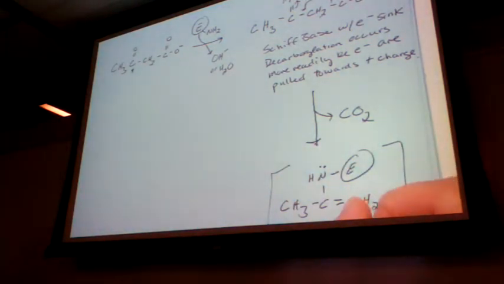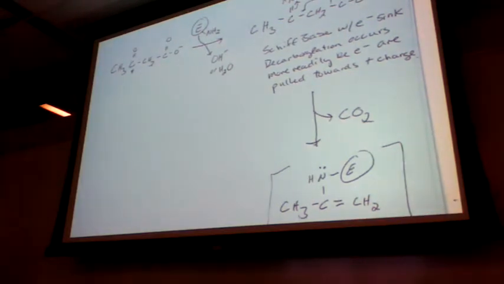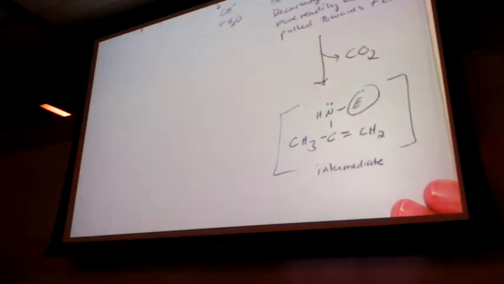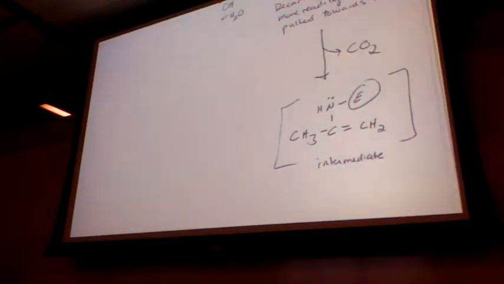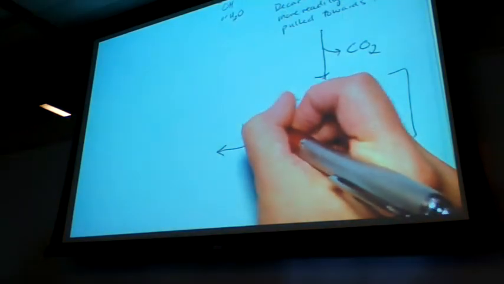So again, this is my intermediate. So it's a more stable intermediate than what I had before. And then, again, I do have to have a proton come in here, and I'm going to reform the Schiff base.